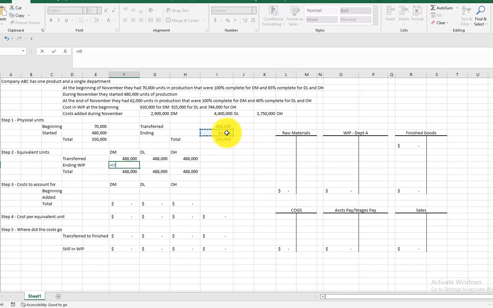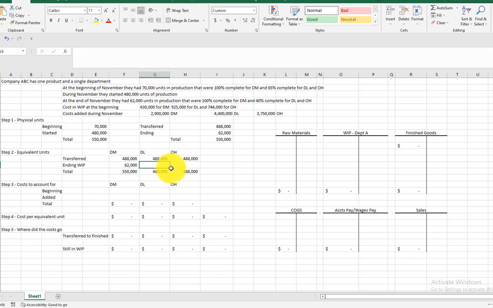So we multiply that by 1, or just don't multiply by anything because it's just 62,000. So we've done all the work on these 62,000 for materials, even though they're not transferred, because they're not done for labor and overhead. But they are done for materials. But they're still in work in process because they're not done with the other steps.